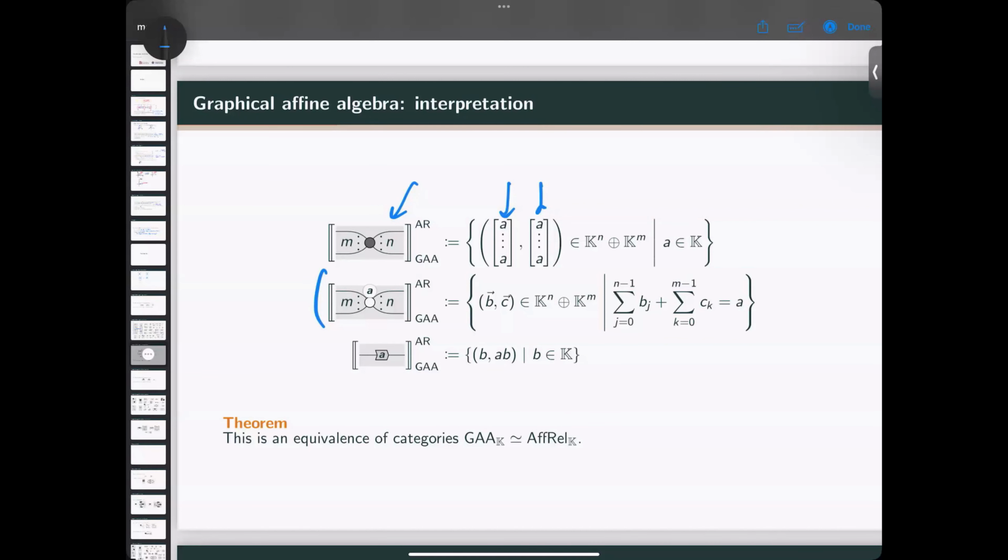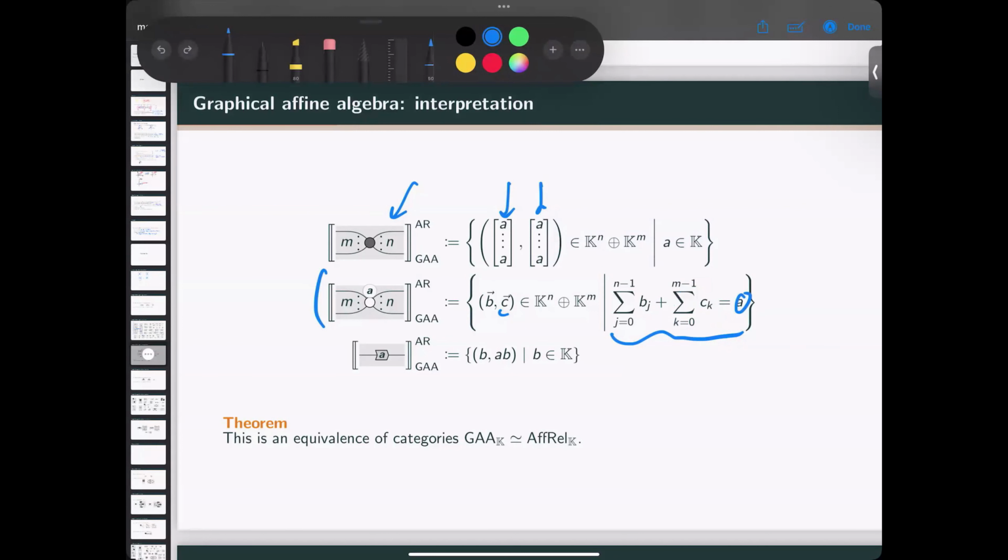It's imposing a relation on the inputs and the outputs, which is described by a set of linear relations, or here in this case, one linear equation, between the inputs and outputs. And the affine part comes in here, in that it shifts the outputs by some constant A taken from the field, which describes this affine shift.